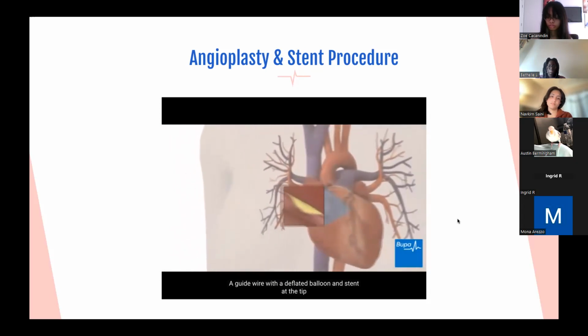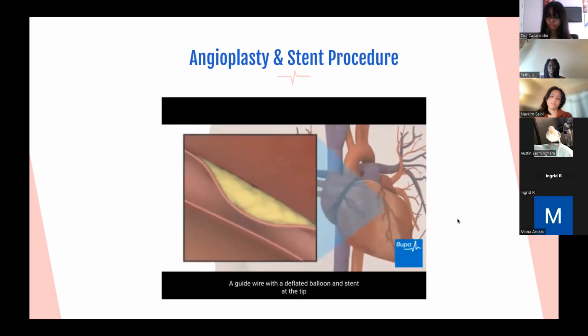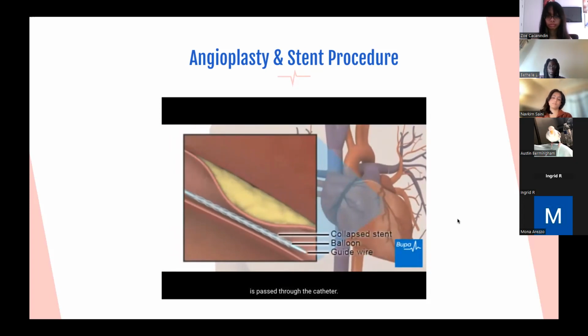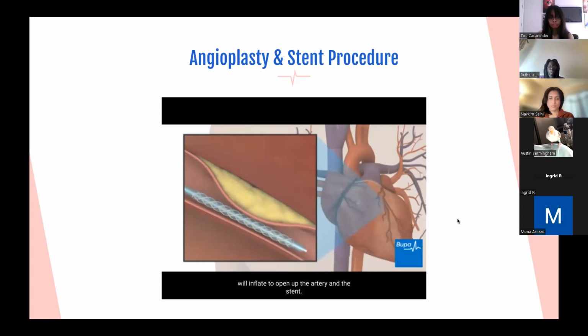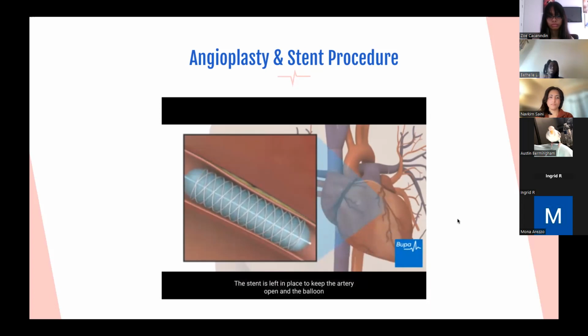A guide wire with a deflated balloon and stent at the tip is passed through the catheter. When the guide wire reaches the narrowed section of your artery, the balloon will inflate to open up the artery and the stent. The stent is left in place to keep the artery open, and the balloon is deflated and removed.